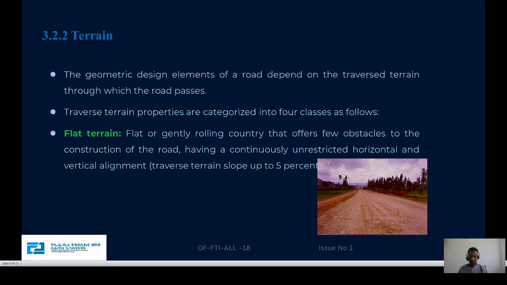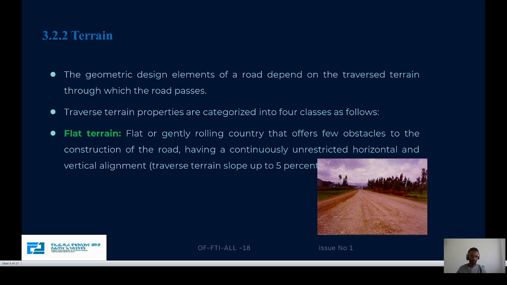So coming to the second part, the terrain. The geometric design elements of the road depend upon the terrain. There are 4 classes of terrain: flat, rolling, mountainous, and escarpment.